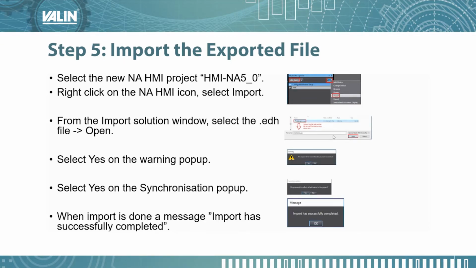Select the file with extension EDH and then click open. You will have a warning window pop up. Click yes on that and select yes on the synchronization pop-up. And if everything goes smoothly, you will get a window saying import has successfully completed.